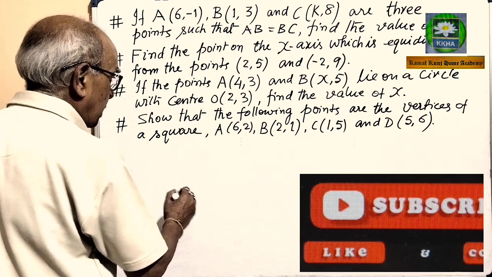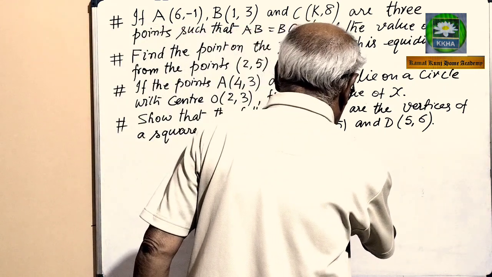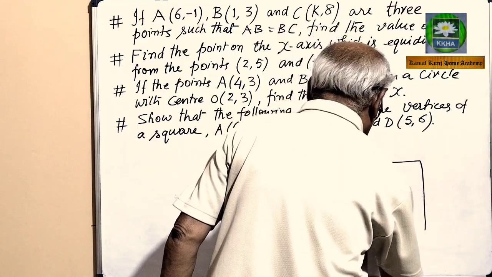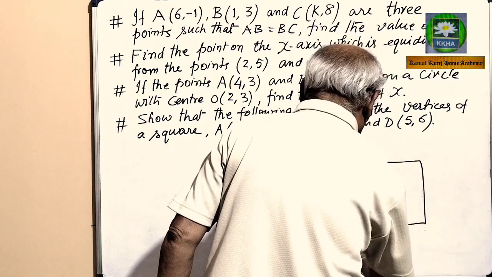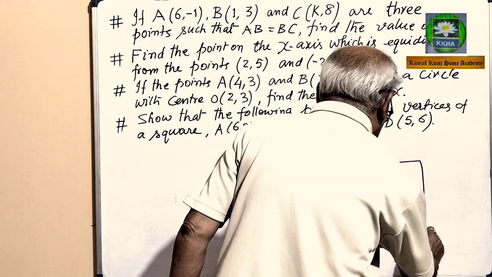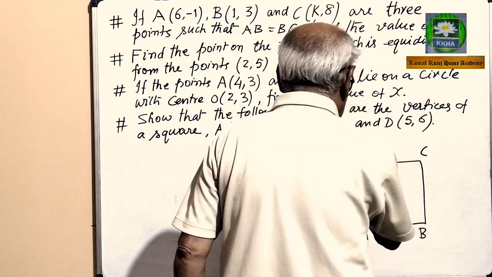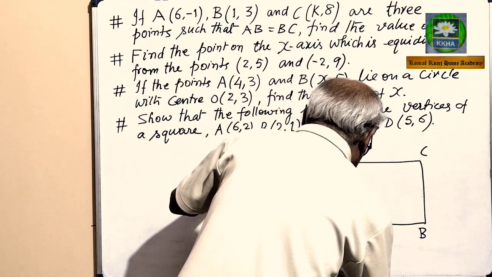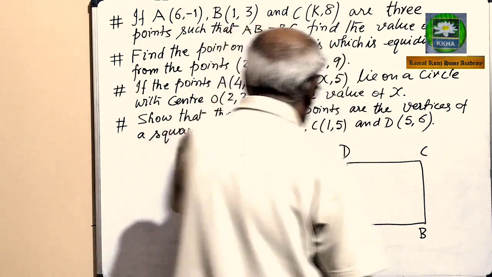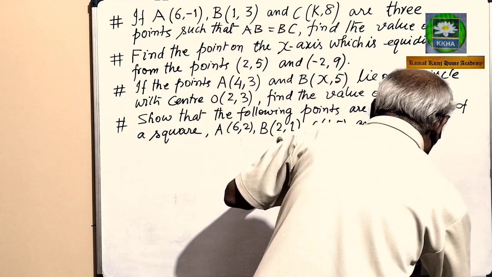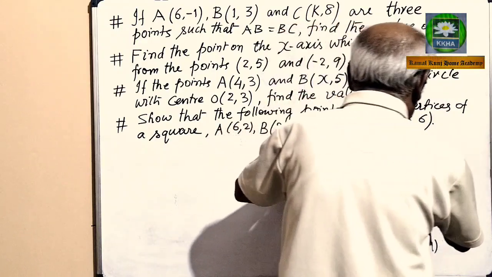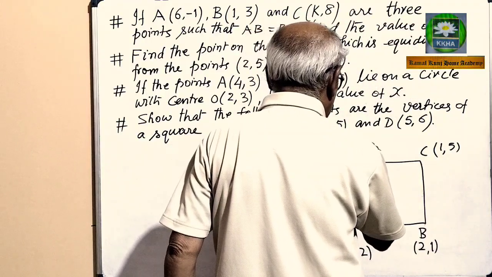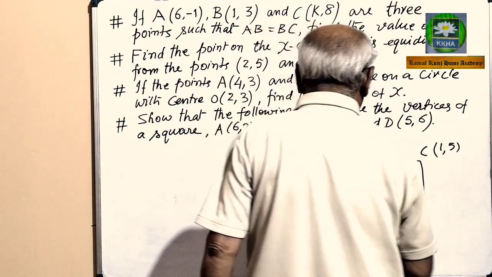The vertices of the square are A, B, C and D. Vertices are A (6, 2), B (2, 1), C (1, 5) and D (5, 6).